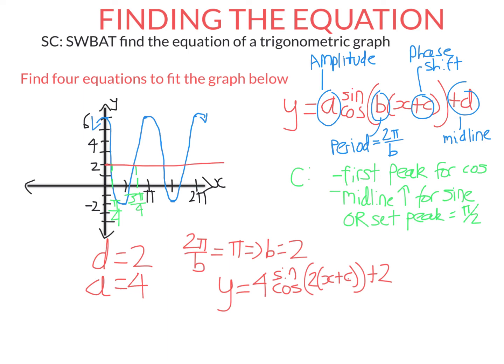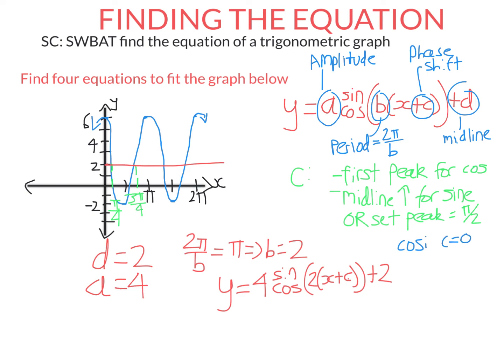So let's say, for example, that this is going to be a cosine graph. Finding C is really easy because the peak of a cosine graph normally occurs at x equals 0. So all you need to do is find where the first peak occurs, take the negative of it, and that will be your value of C. Now, because the first peak happens at 0, I can have C equals 0.